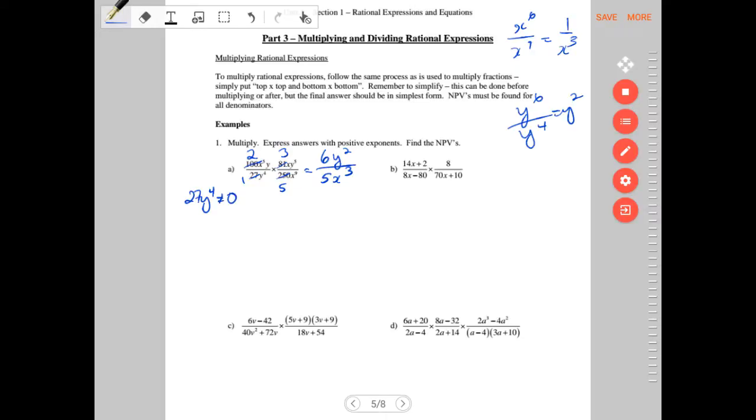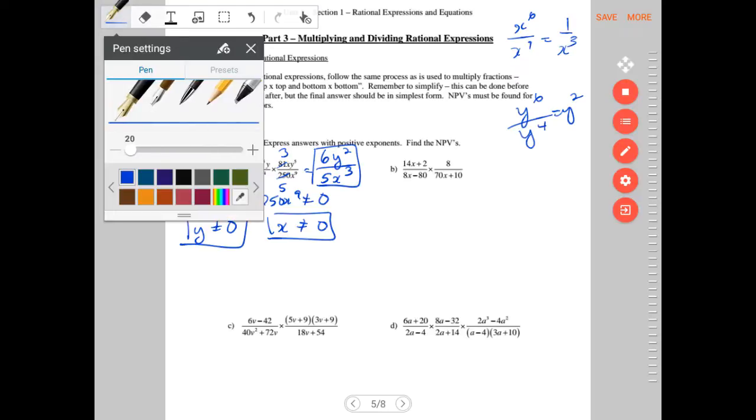It's a monomial, so divide by 27 and take the 4th root, y cannot be 0. Do the same thing with 250x to the 9th, it can't be 0. Divide by 250 and take the 9th root, it's a monomial, so x can't be 0. So there's my simplified value, and of course, those are my NPVs.